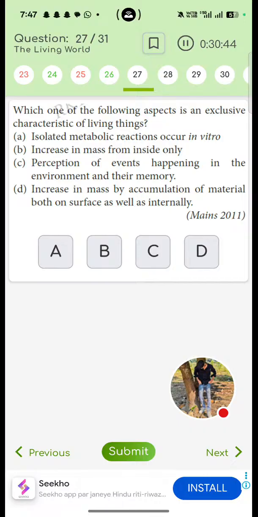Next. Which one of the following aspects is an exclusive characteristic of living things? Isolated metabolic reactions occurring in vitro; increase in mass from inside only; perception of events happening in the environment and their memory; increase in mass by accumulation of material both on the surface as well as internally.